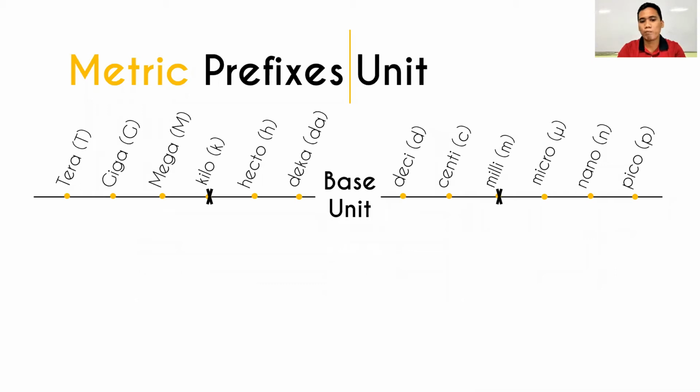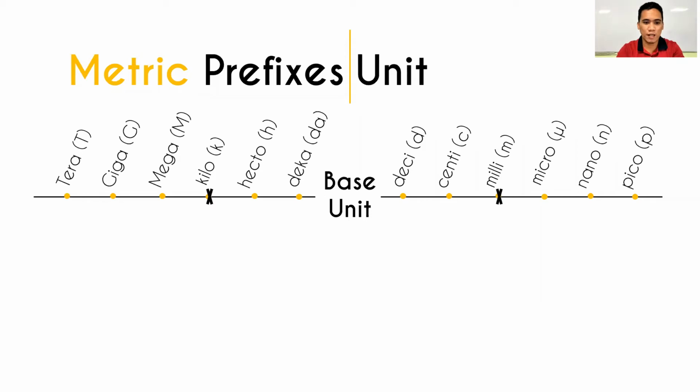Okay. So part of the metric system, we have the prefixes. We use prefixes to minimize the number of digits that we are using in our measurement. Okay, so we have the tera, giga, mega, kilo, hecto, deca, deci, centi, milli, micro, nano, and pico, and some other prefixes.